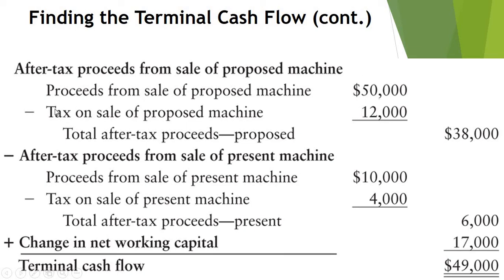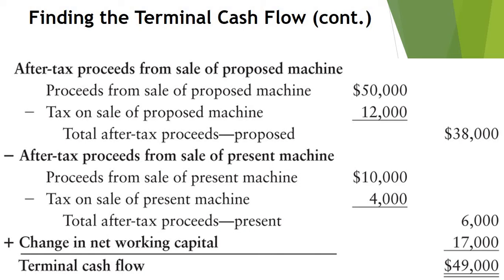Then the Powell Corporation has to find out the tax on sale of the proposed machine. The gain on sale of the proposed or new machine, based on its accumulated depreciation, is $30,000.